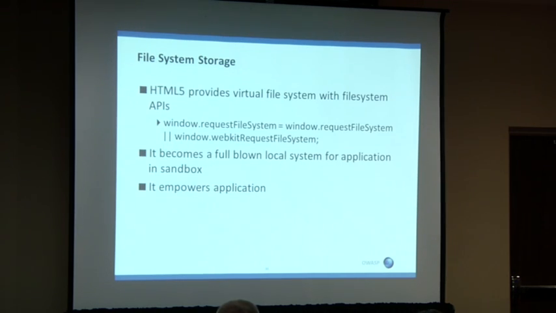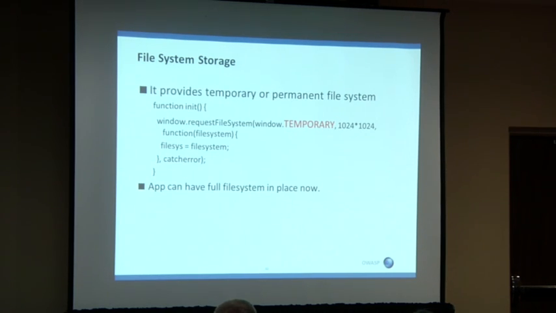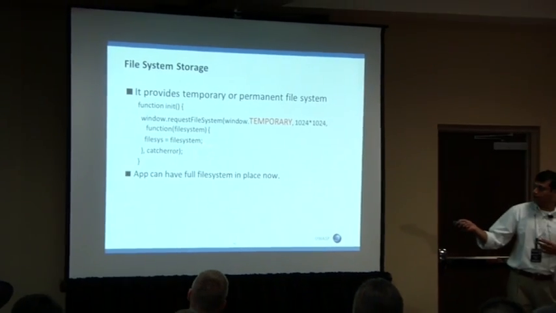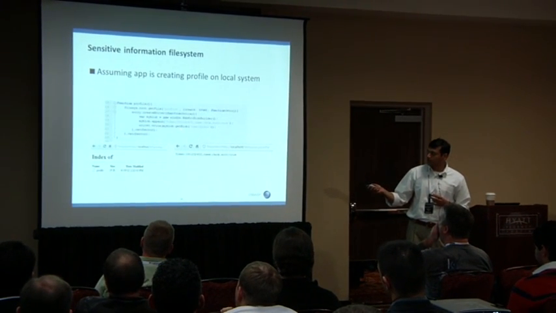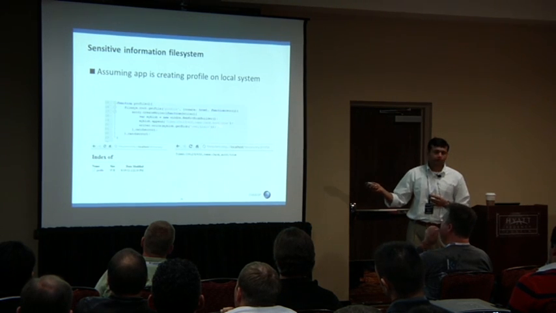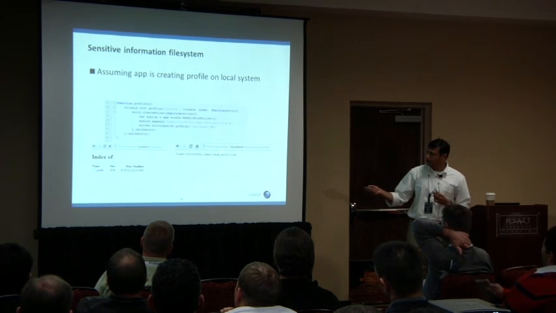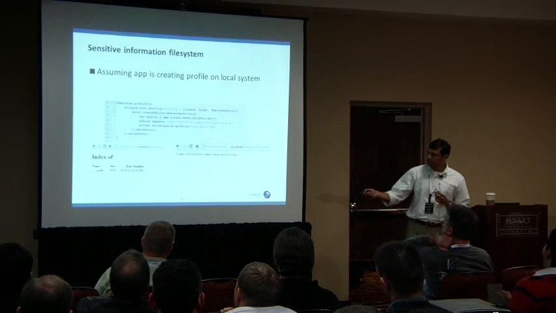Another one is the file system. You can create a file system on the fly, and this is a way a developer can create a virtual file system in the browser. This is a temporary file system which is created. This is the typical JavaScript. For example, a token file is created and some kind of tokens are stored. If you do a file system local storage, you can see this file.